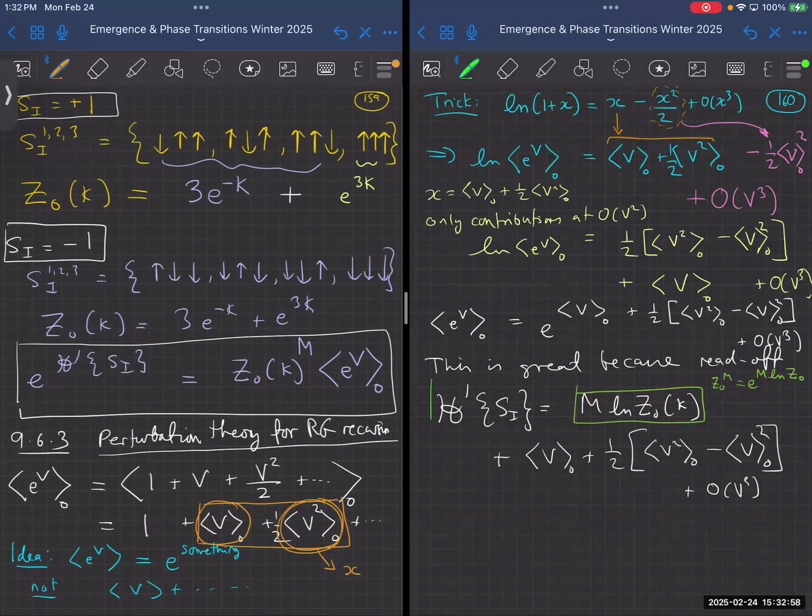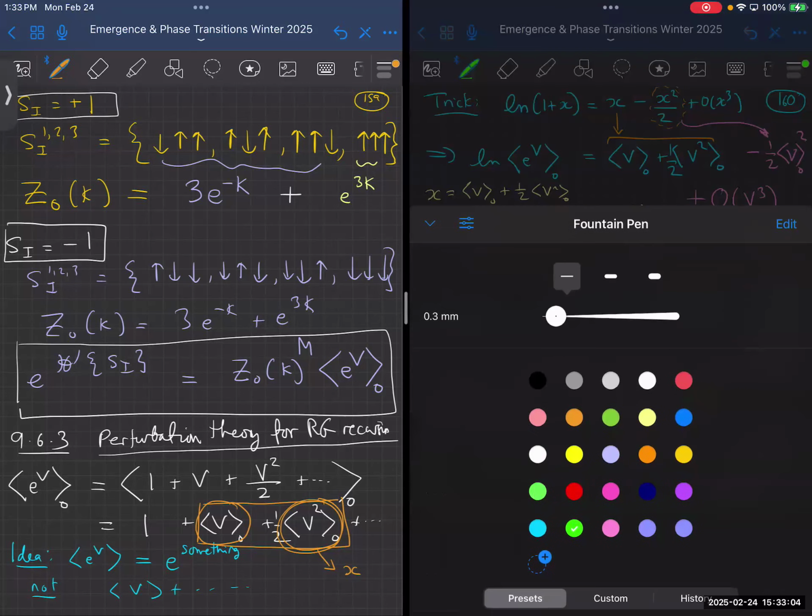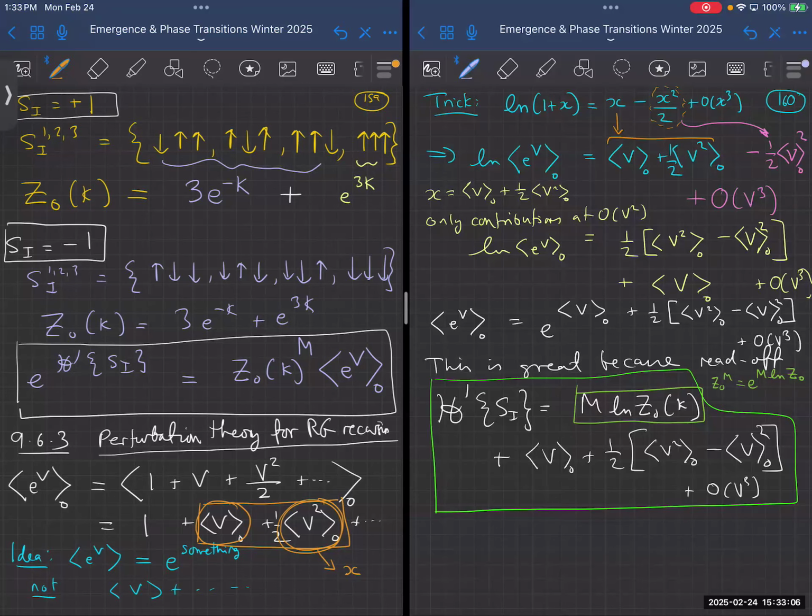Okay, so now we've got this. So now let's go and compute all of these terms. Let's get started with the first term. We're going to evaluate the expectation value of V with respect to the unperturbed Hamiltonian.